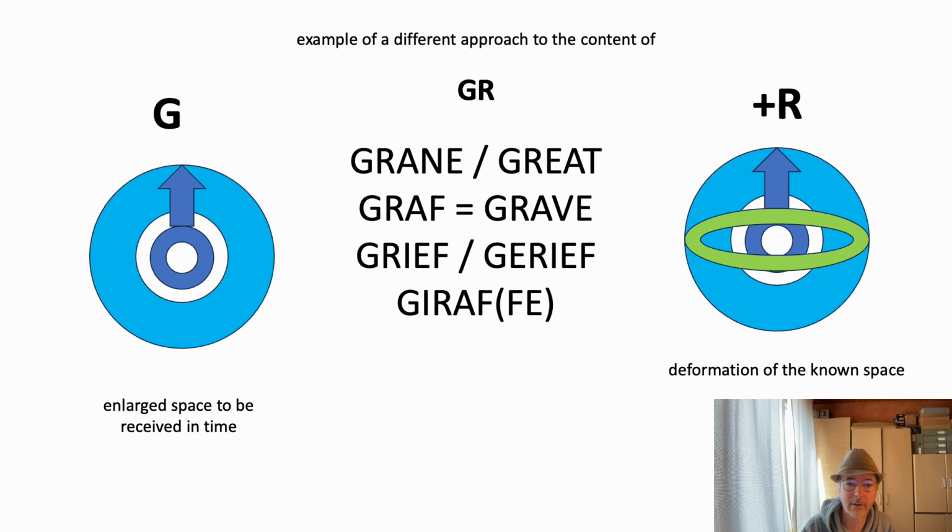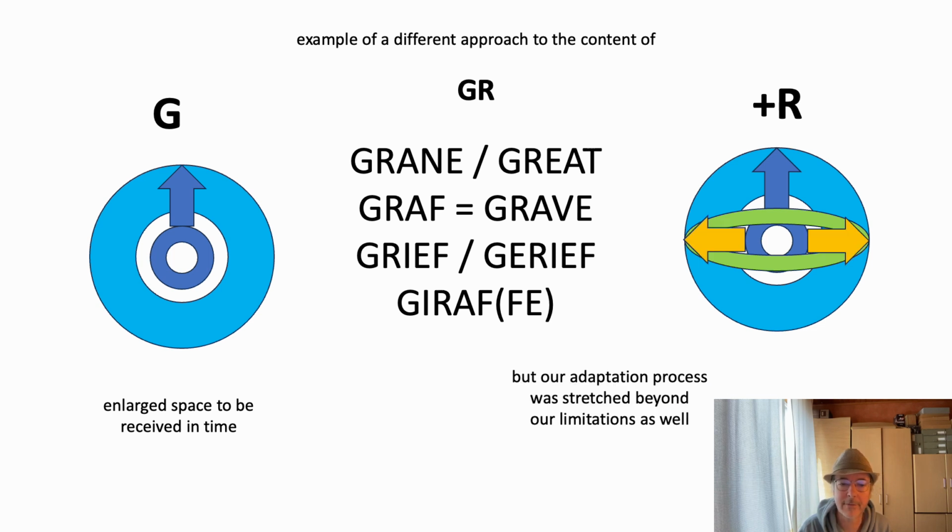Combined with R, there is a deformation of the known space involved. Deformation, or losing space, or losing ground, these kinds of things. And some of the elements will be lost in your own space and your own environment, and they also will be lost over time and in space.